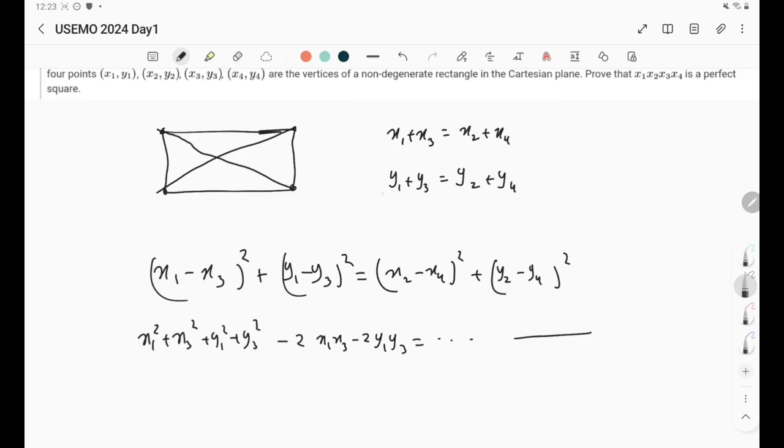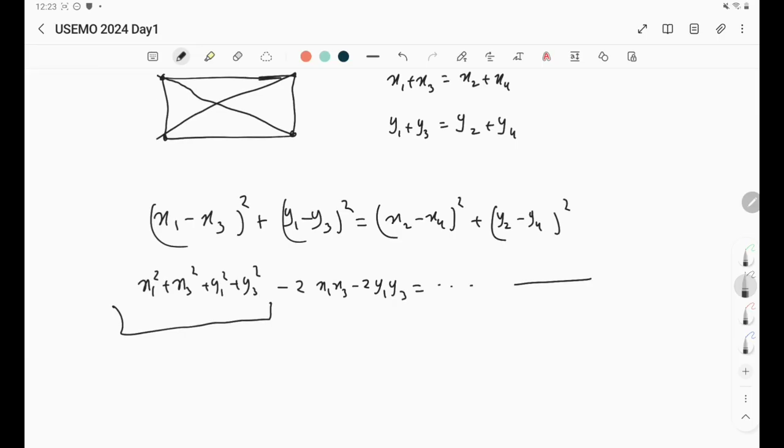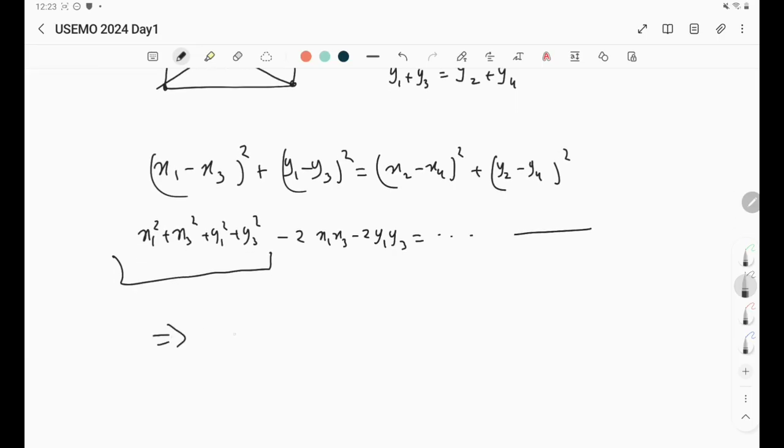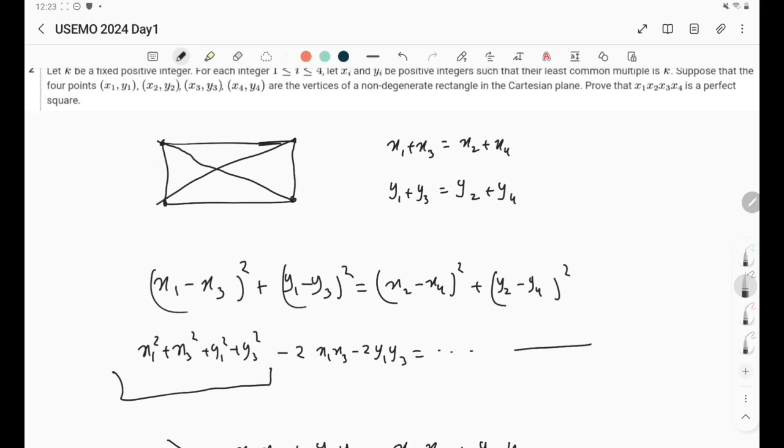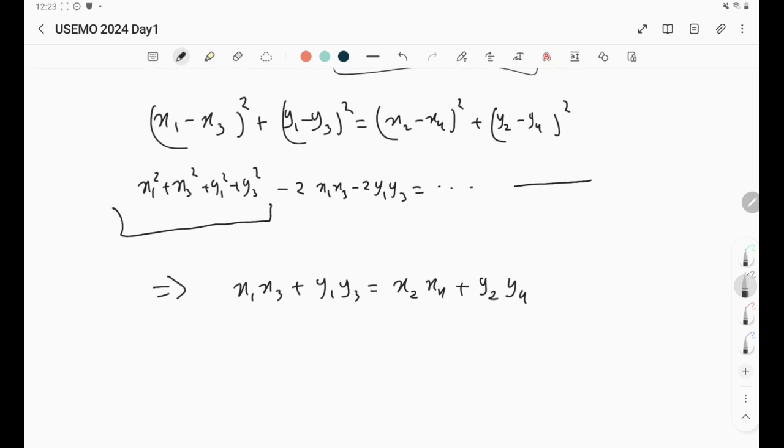If you square them and then add them, you're also going to get the same part here, x1 squared plus x3 squared plus y1 squared plus y3 squared, and here the same thing. So you can subtract them. Here you're going to get 2 x1 x3, and here you already have minus 2 x1 x3. So when you subtract them, you're going to get just x1 x3 plus y1 y3 is equal to x2 x4 plus y2 y4.